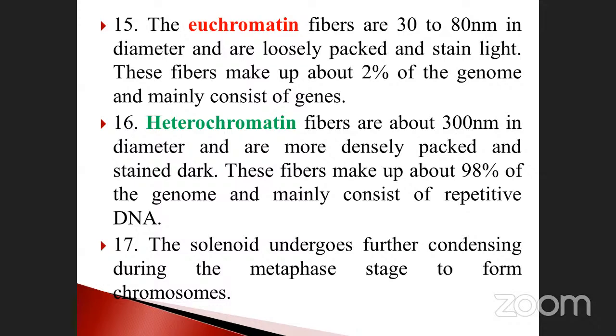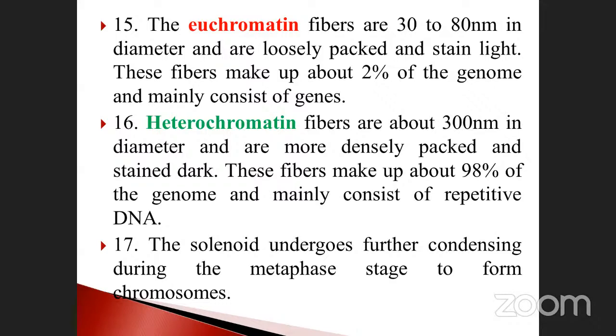Don't forget, my dear. Sometimes they may ask the question, the repetitive DNA molecule is mostly found in which of the following chromatin? Euchromatin or heterochromatin or some other pseudochromatin. And also, what percentage of the genome is occupied? 98% of the genome is mostly heterochromatin in nature.